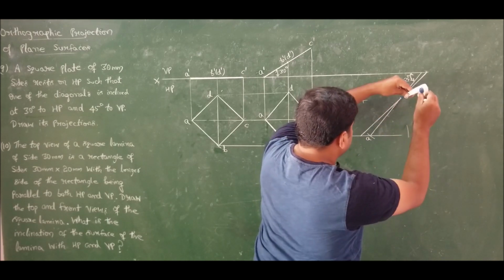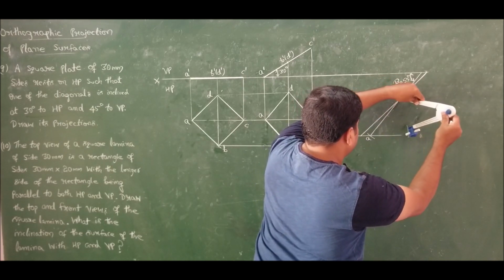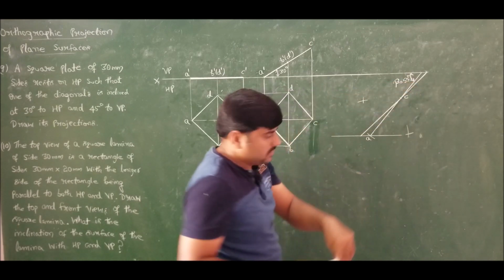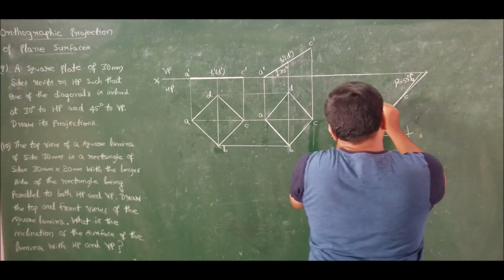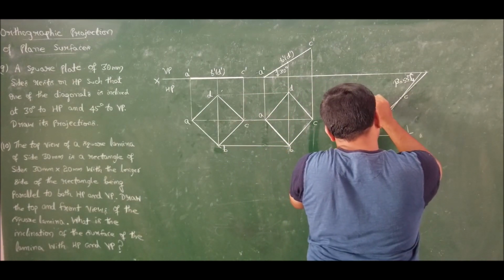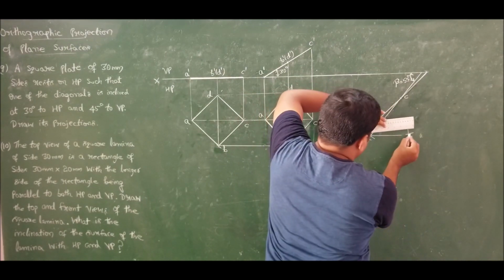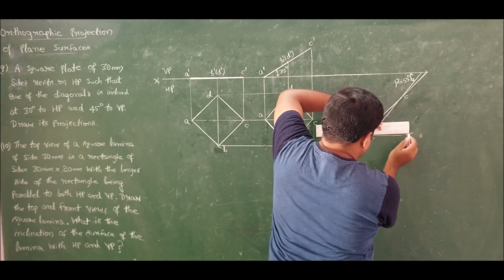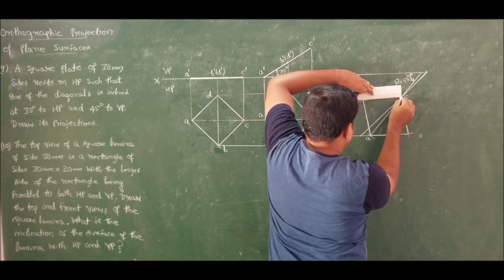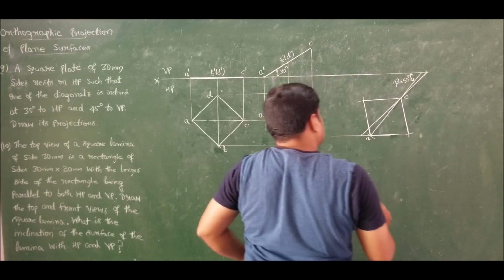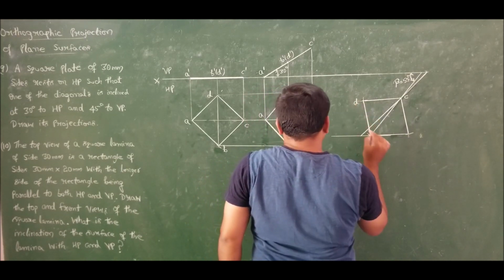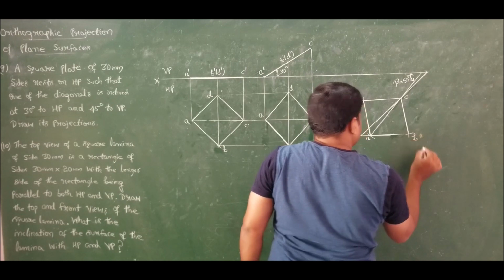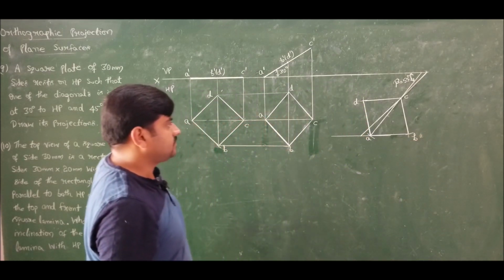From C you intersect this previously drawn arc. Now joining this, we will get the final position, the top view. This is the required D, A, B and C.